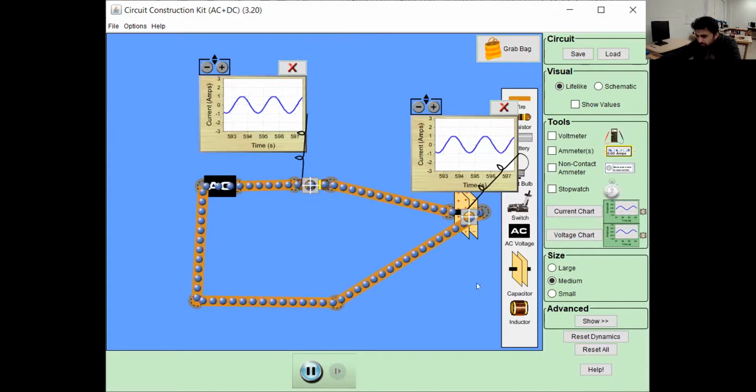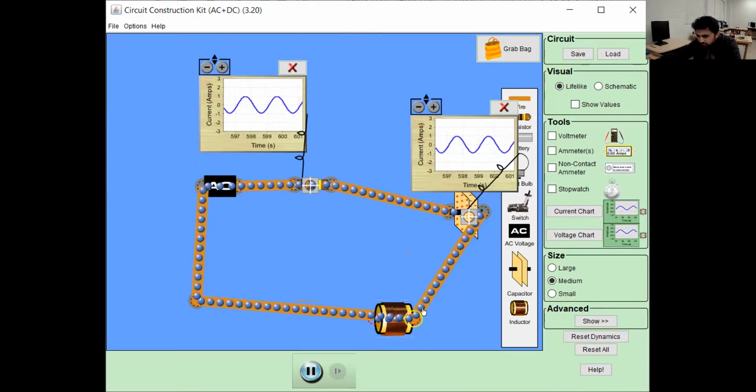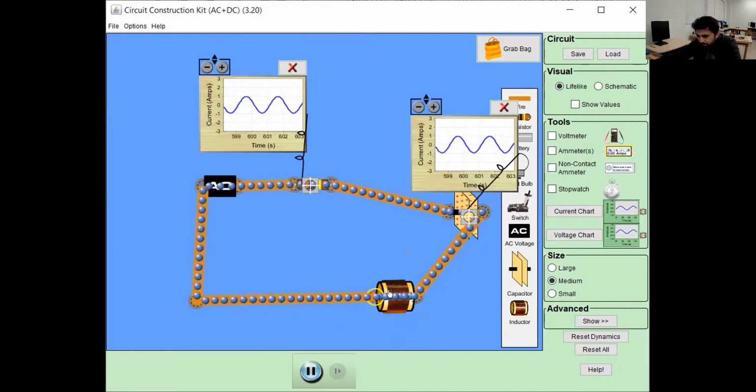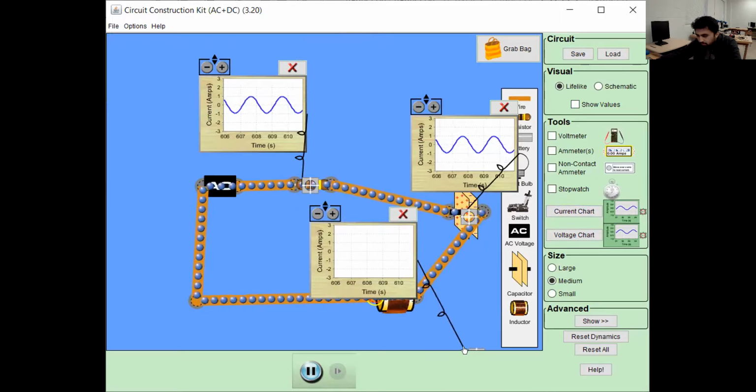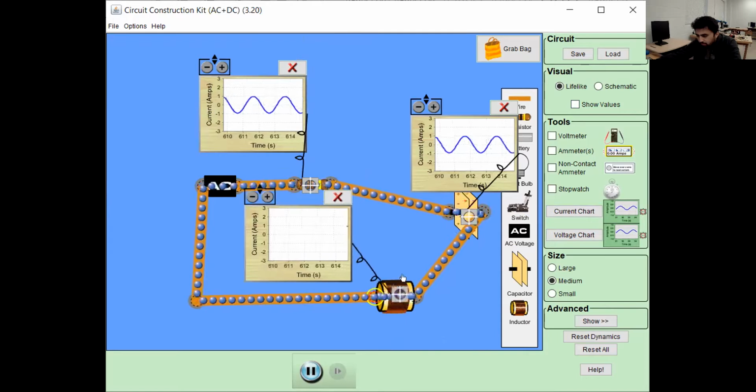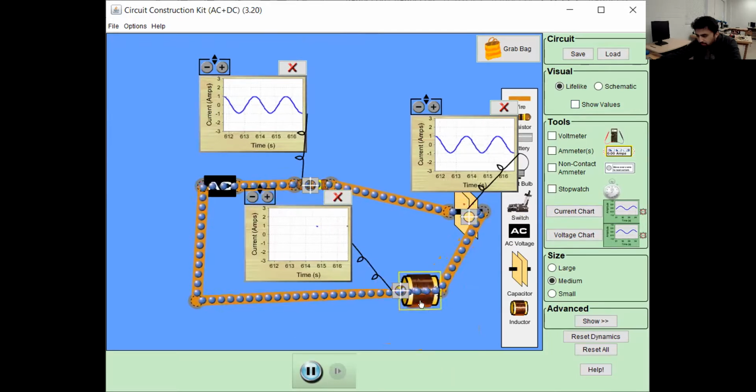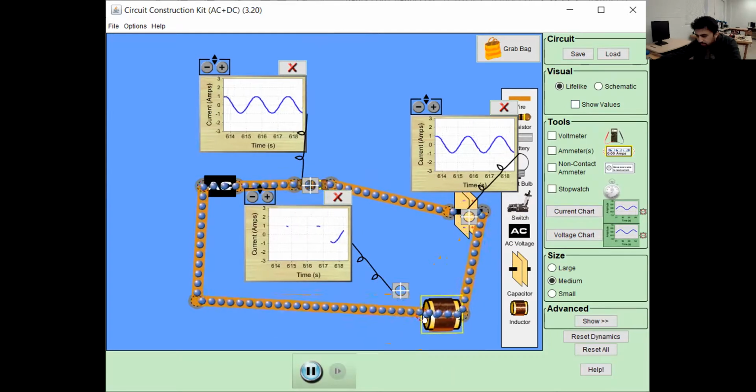Okay, I think we need an inductor as well. I don't think it's on the circuit.